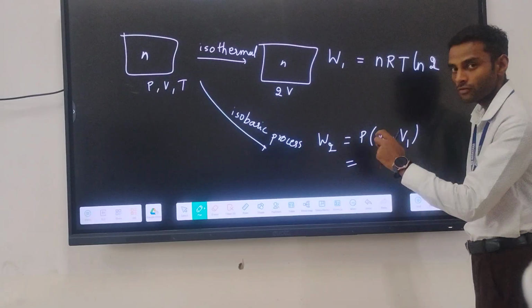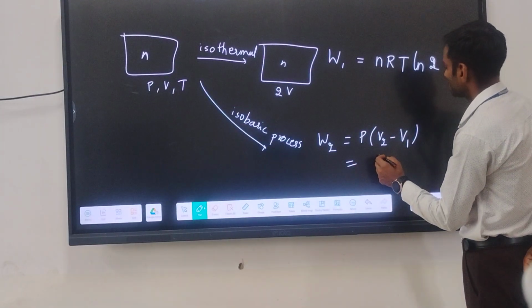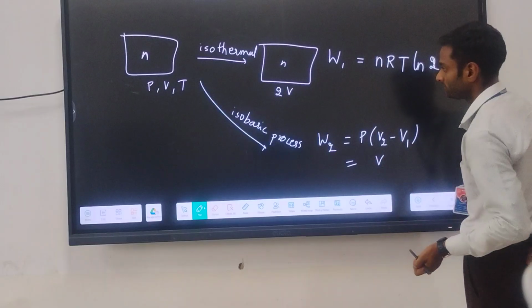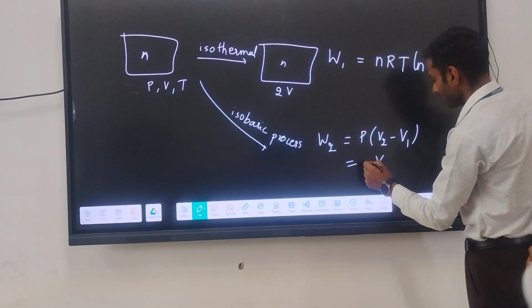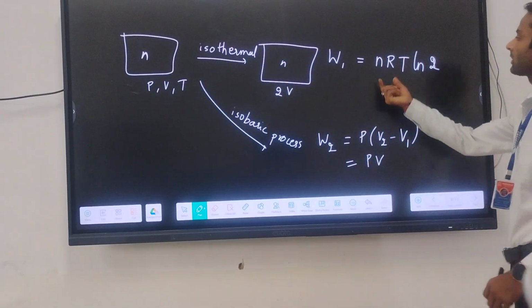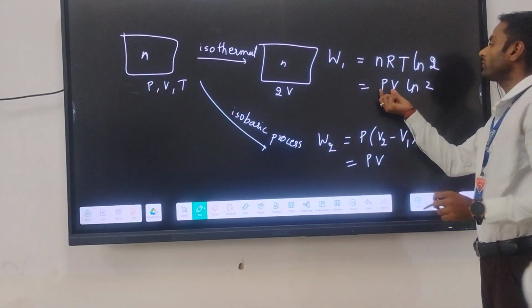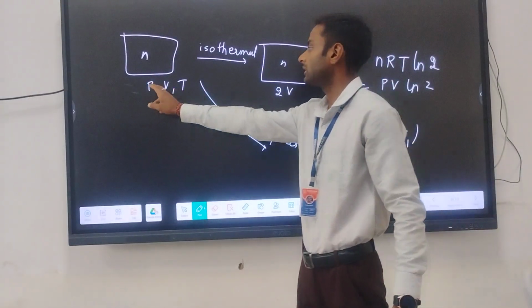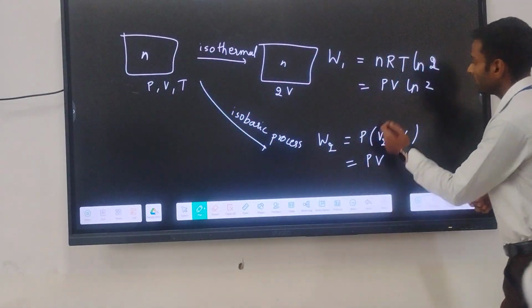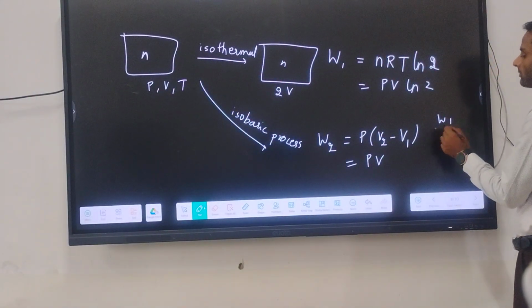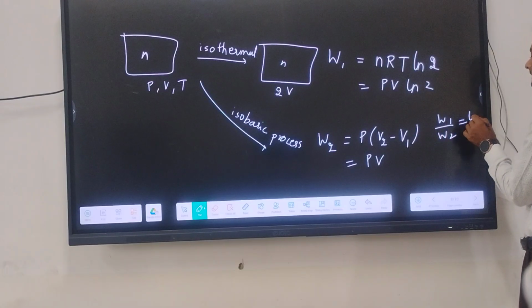Final volume is twice the initial volume, so we get P(2V minus V), which is PV. And nRT can be written as P1V1, the initial pressure and initial volume. If we divide them, W1 upon W2, we get ln 2.